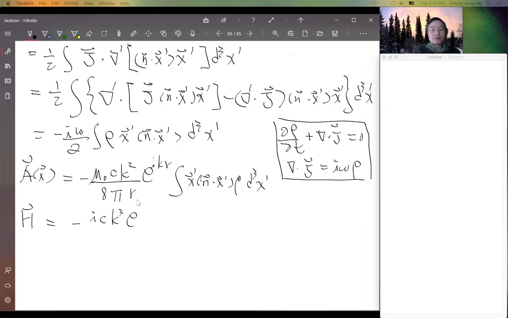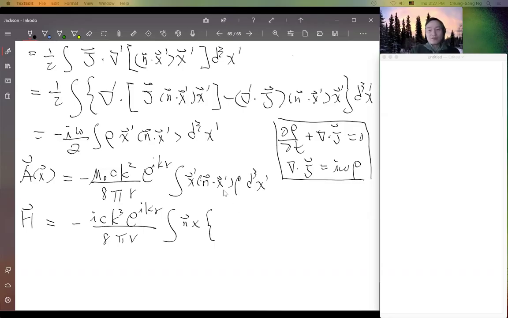You still have the exponential factor e to the ikr. Now you have n crossed into that one, right? I mean, n is crossed into the integral, but what we'll now do is put this n inside the integral. That doesn't matter because n doesn't depend on x_i, so you can put that in the integral, okay? And then crossed into this one.